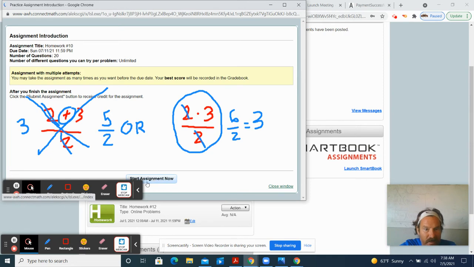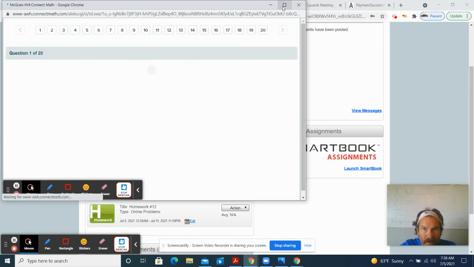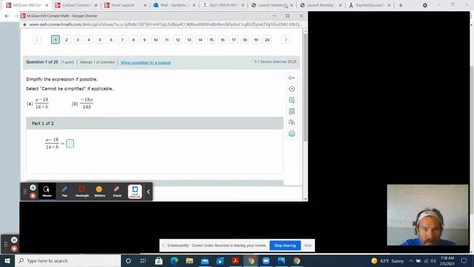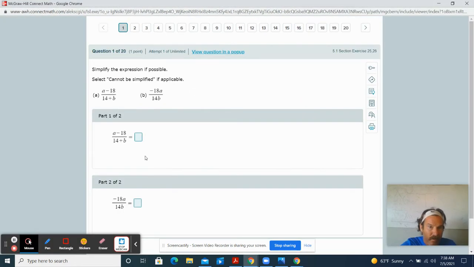So let's start the assignment here. And this is the first problem. It says simplify the expression if possible. Select cannot be simplified if applicable. Okay, so let's look at this first problem. Part 1. Is this a multiplication problem?